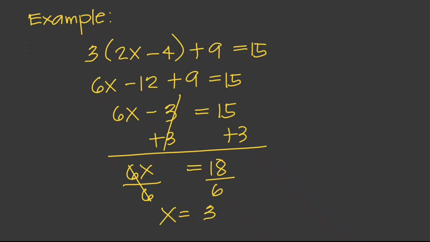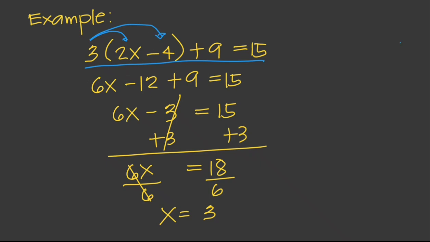And then another example here. 3 times 2x minus 4, plus 9 equals 15. So we work on the expression with the parentheses first. To get rid of the parentheses here, we distribute 3 to the expression inside the parentheses, which is 2x minus 4.